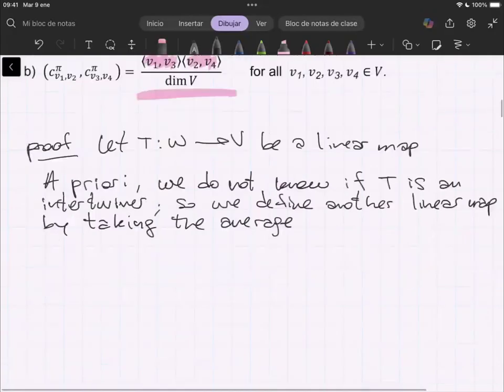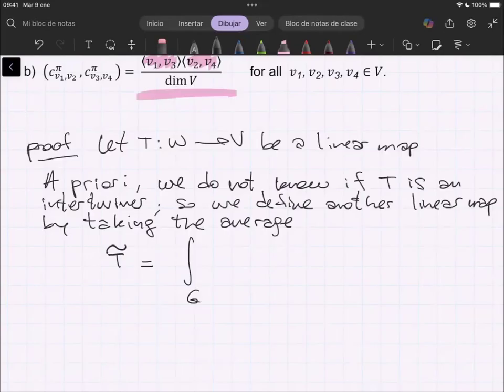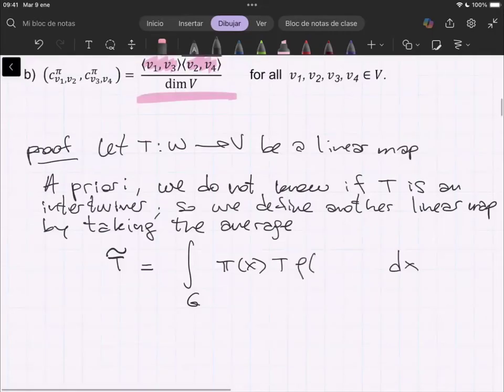So we define T tilde to be this new map given by the integral of our function T, but conjugated by the action of x. Of course, when we conjugate by the action of x, we have to put in the corresponding representations on each side, okay?